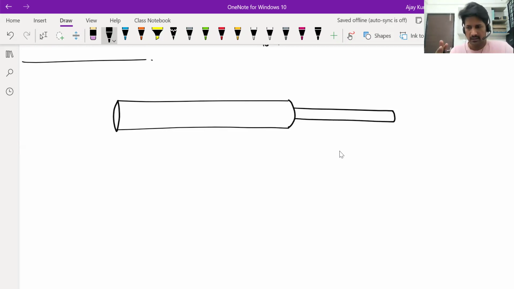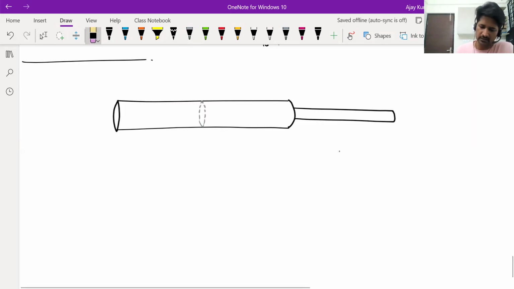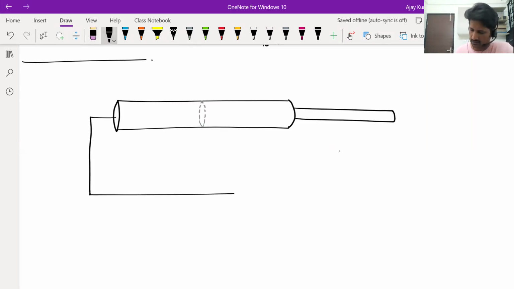Now, there is one assumption that we make in this chapter and also all the chapters that follow from here. If we consider any cross section, let's say there is a voltage applied across this conductor or conductor combination, whatever you like to call it. Apply a voltage.